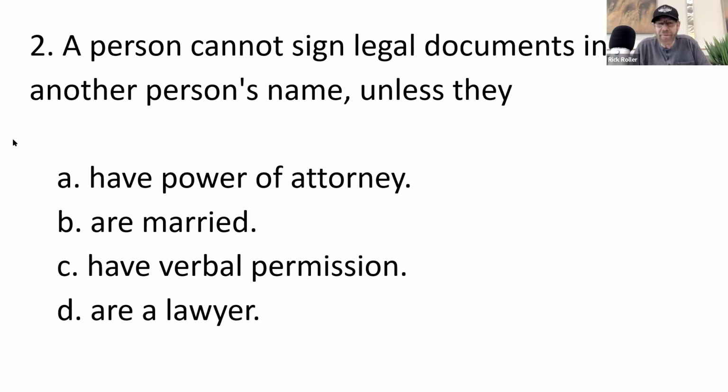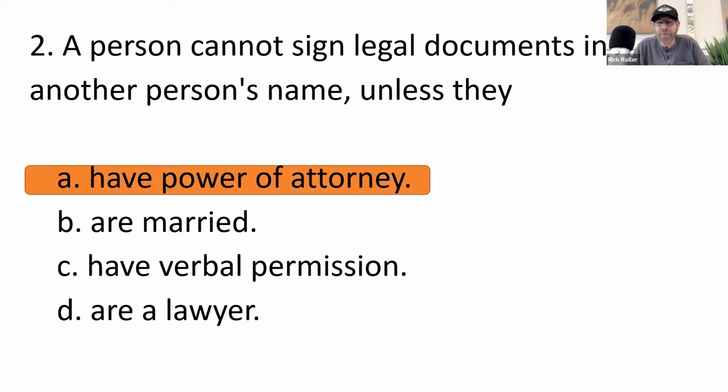That is exactly right. Power of attorney is a separate document that gives someone the authority to sign for you. It needs to be notarized and it needs to be very specific. It can be kind of general in nature, but it needs to be specific enough that the other parties involved are comfortable with it.